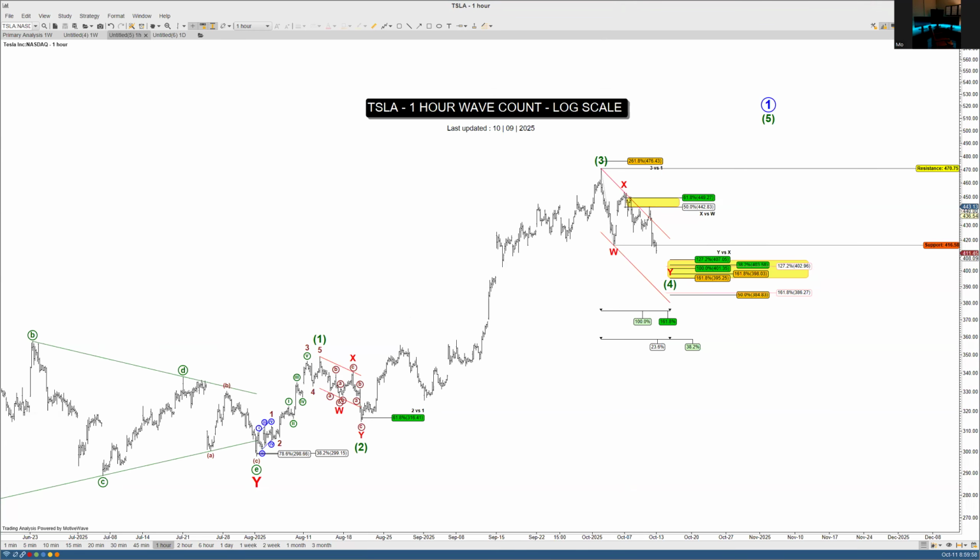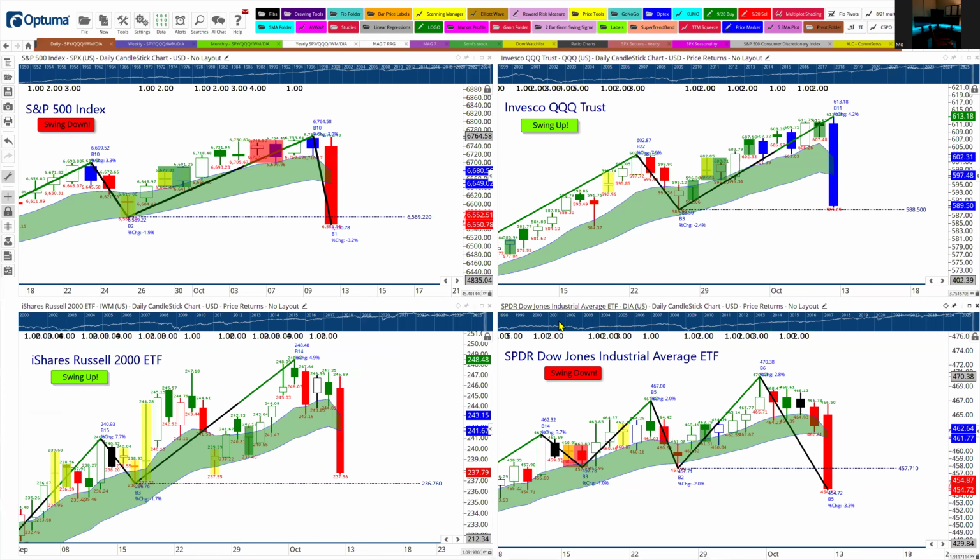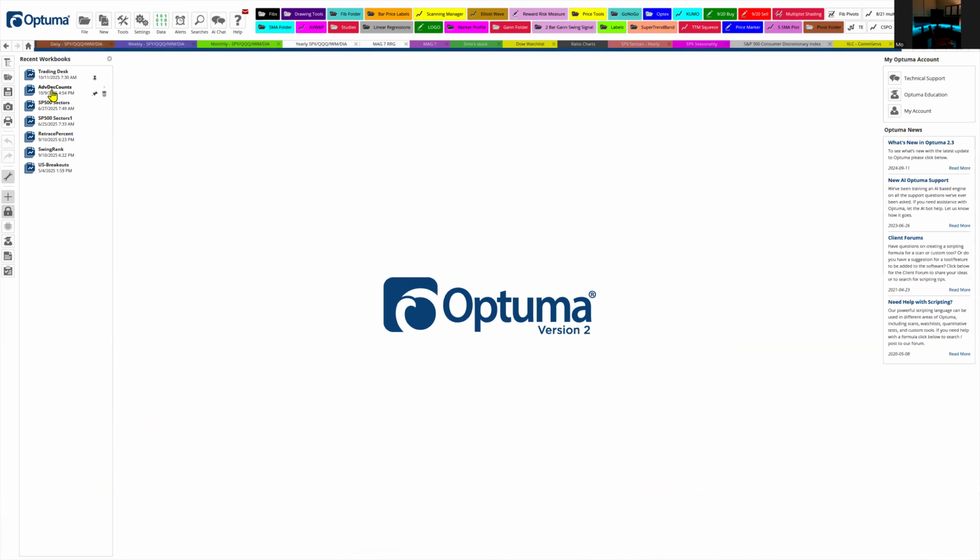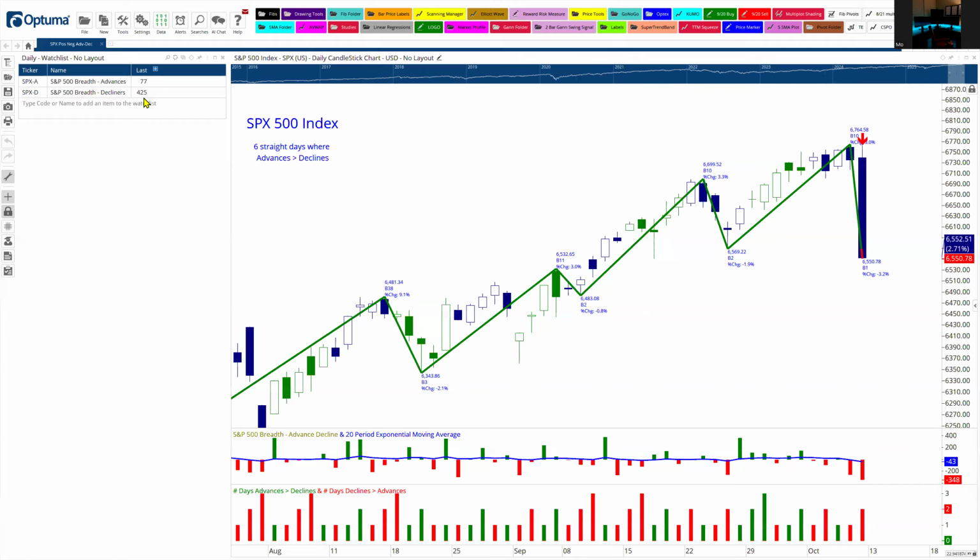Now, I just wanted to show you, let's see what the market breadth was yesterday.